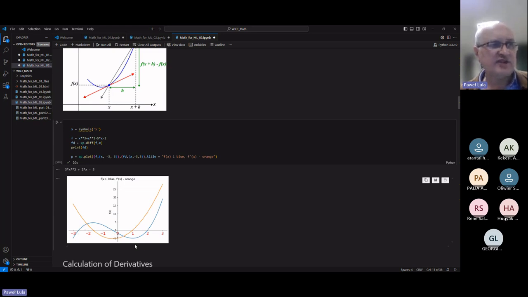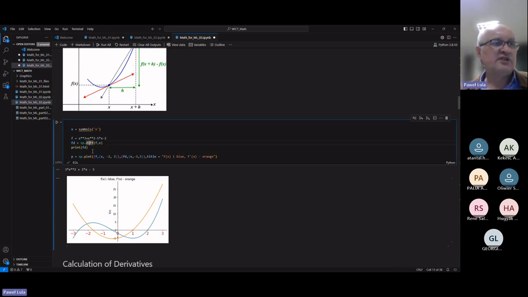This function is represented by this blue line. So the f function is represented here by this blue line. And I calculated a formula which I can use for calculating a derivative value of this function for every x point.